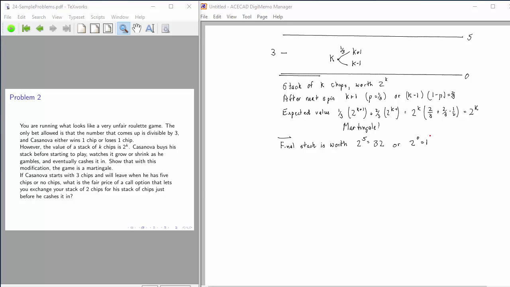The curious feature of this casino is even if you leave broke, you can say, I'm trading in my stack of 0 chips, and they say, here's $1 for it.